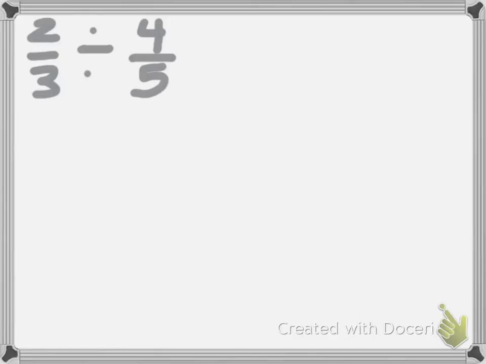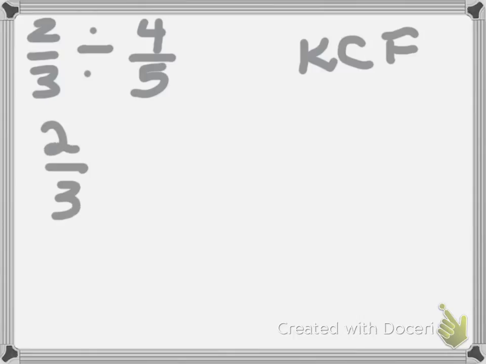If you recall also, if I have to divide a fraction, so let's say I have 2/3 divided by 4/5, you remember what to do? Here we're going to remember that acronym of keep, change, flip, so that if I want to divide by 4/5, it is going to be the same as if I keep the 2/3, change division to multiplication, and then flip the second fraction to its reciprocal.